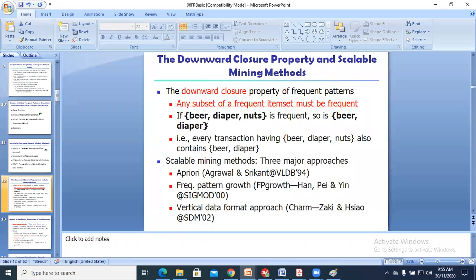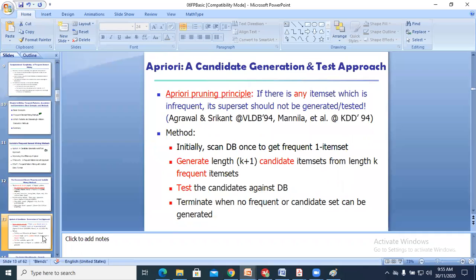So here we apply the closure property for Apriori pruning. Any item set which is infrequent, its superset should not be generated and tested.